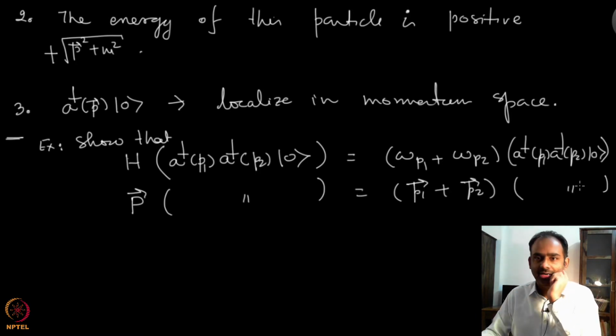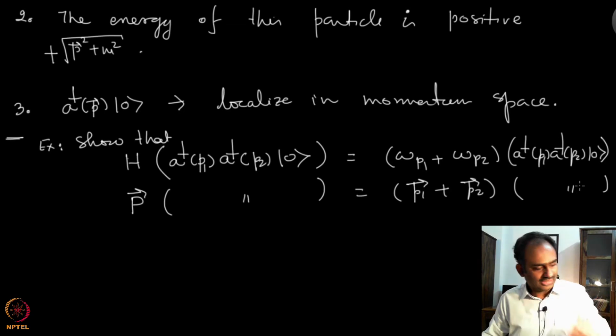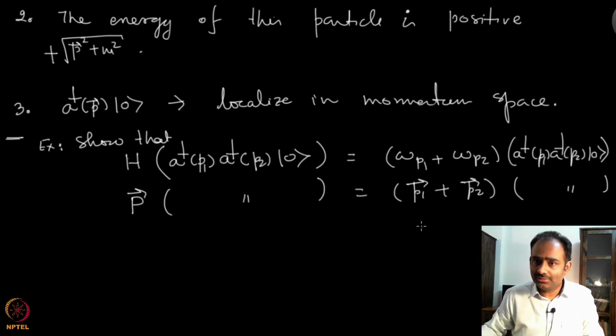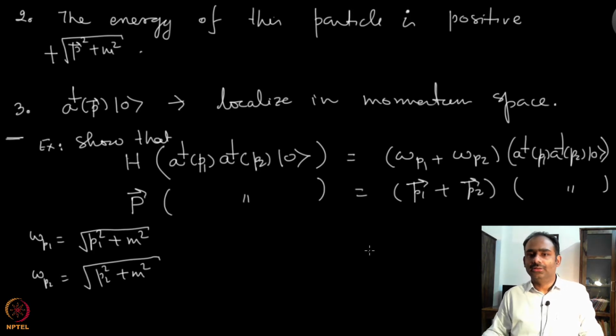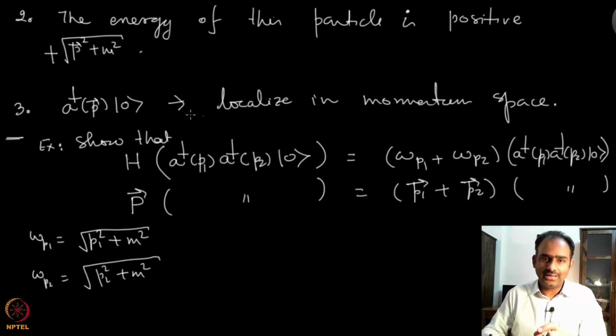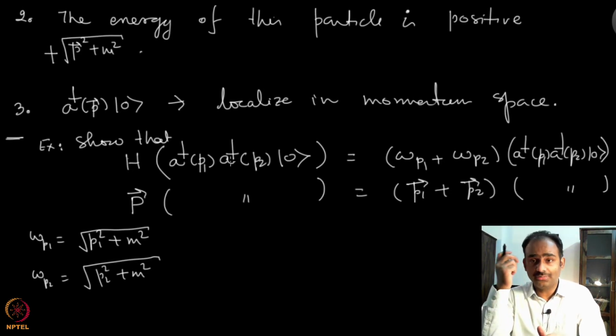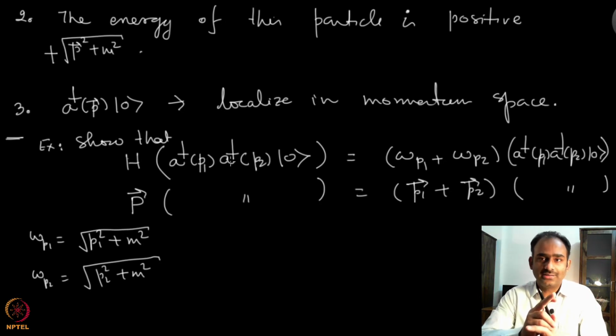Okay. And what does that mean? Let me just write down again. So, this means that the state a dagger p1, a dagger p2 acting on ket 0, or acting on the vacuum, is a state which contains two particles.